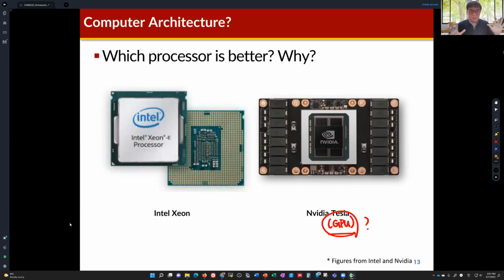CPUs and GPUs have different components, different structures, different sizes of memories and so on. The CPUs and GPUs are processors, and in the computer system, the processor is like the brain of the computer system, but the architectures are different.